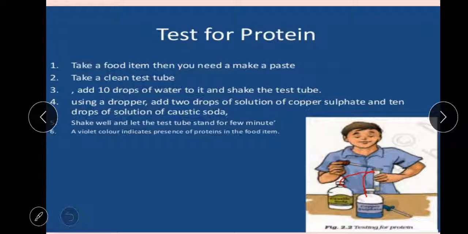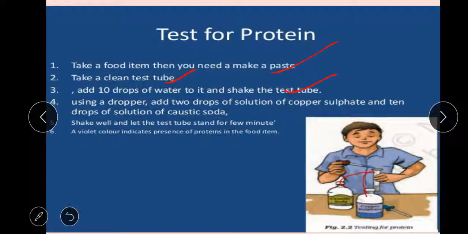Now, test for protein. First, take a food item and make a paste. Now, take a clean test tube, add 10 drops of water to it and shake the test tube.